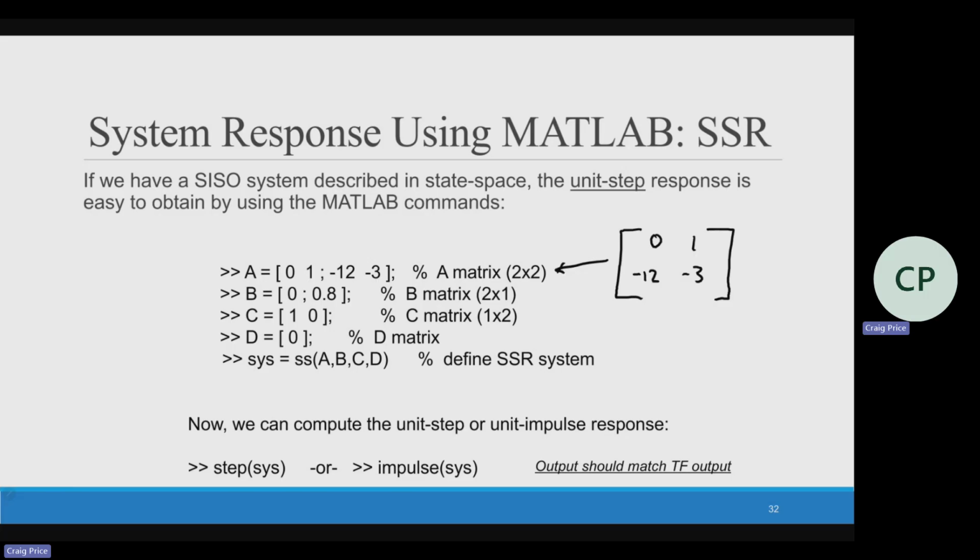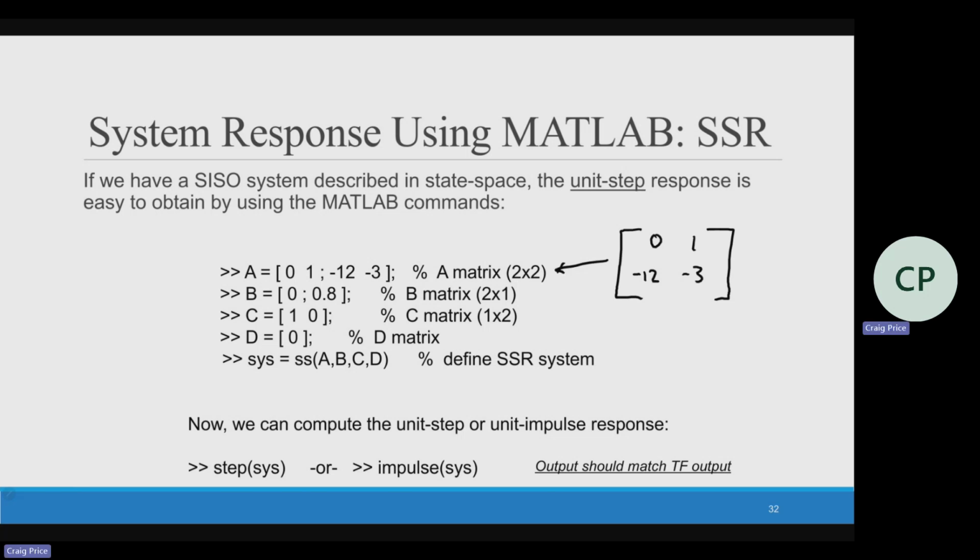Once you have your SSR, run the same thing, do a unit step. So either transfer function or SSR, I can do a quick simulation using some of that. And this actually represents the same system. So if we ran a step input, it should give us the same output as the one with the transfer function.